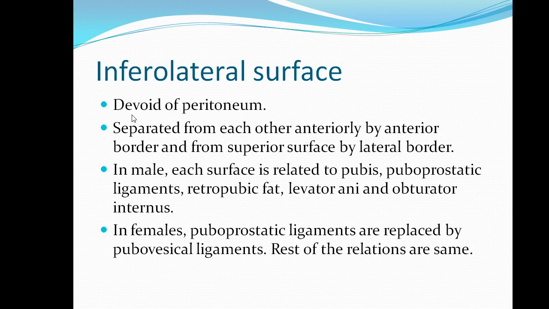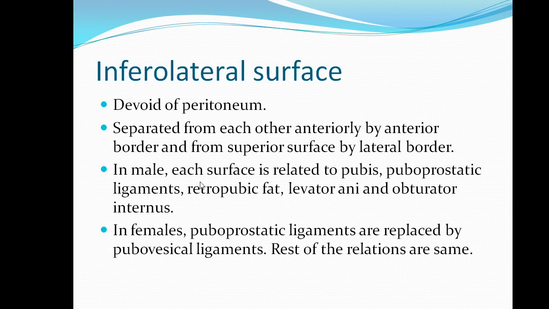The inferolateral surface of the bladder is devoid of peritoneum. The surfaces are separated from each other anteriorly by the anterior border and from the superior surface by the lateral border.